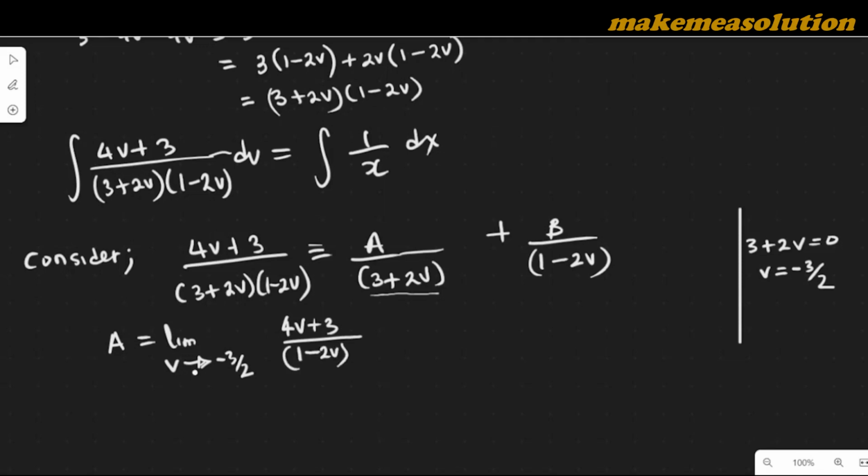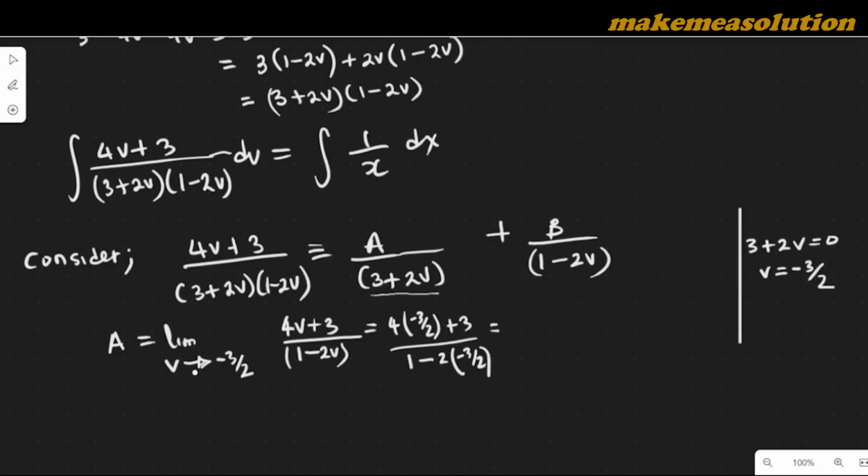So with respect to A, you're cancelling out, striking this one out with respect to A. Okay, so this is going to be 4 into negative 3 over 2 plus 3, over 1 minus 2 into negative 3 over 2.